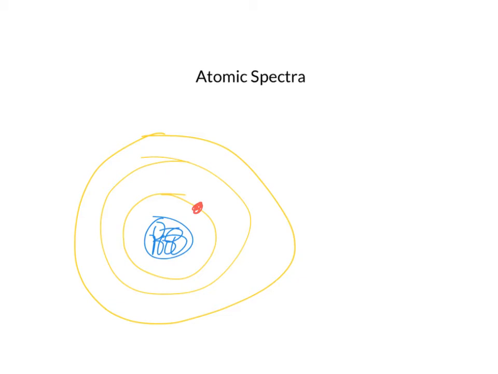But emission spectra will happen when a photon of light comes in and it hits this electron. So the electron then is going to have a whole lot of extra energy, and with that energy, it's going to jump up to a different energy level or a different orbital, right?